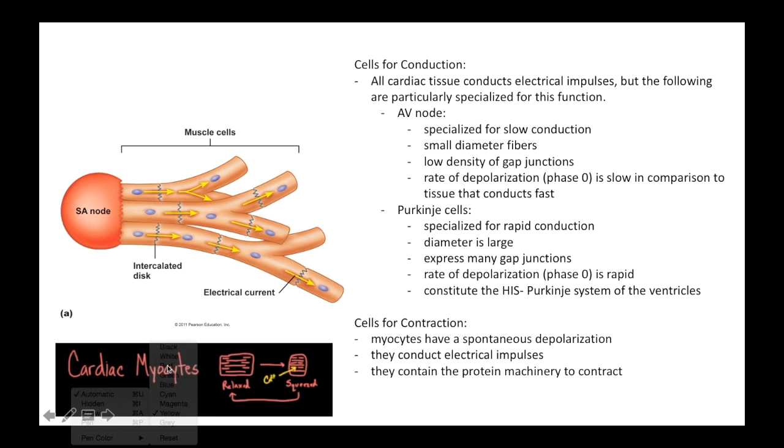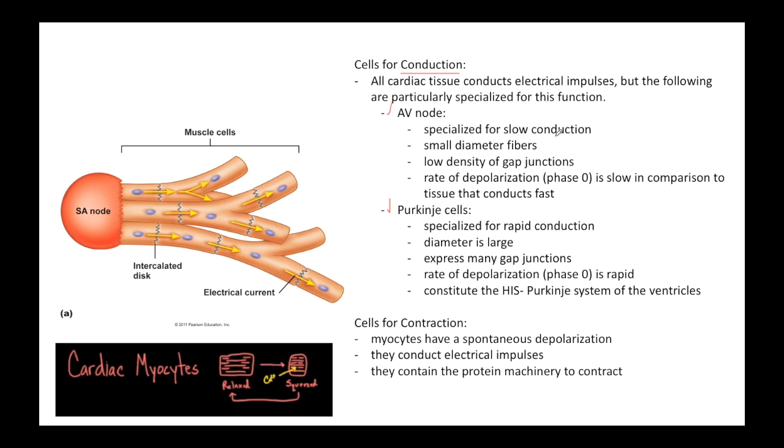Let me change this to a color we can more easily see. So when we're talking about cells for conduction, the ones we want to pay particular attention to are AV nodal cells and Purkinje cells.